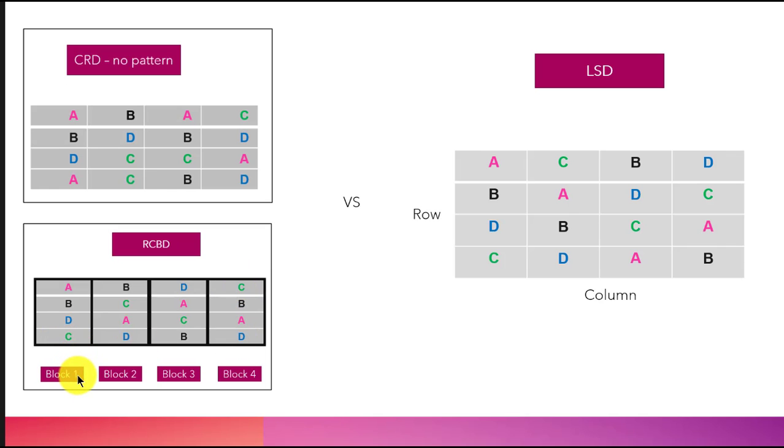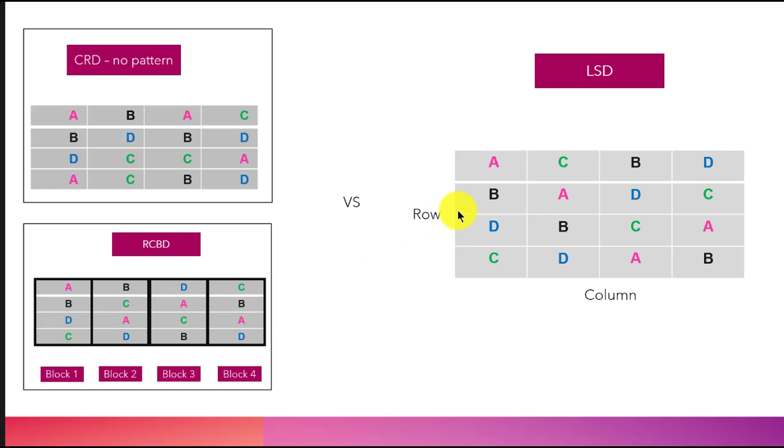Block 1 has all the treatments A, B, C and D. Block 2, block 3 and block 4 also have all the treatments A, B, C and D. So every block has all the treatments allocated randomly. CRD had all the treatments allocated randomly without any direction, but RCBD has treatments allocated randomly within each block, so each block has all the treatments.